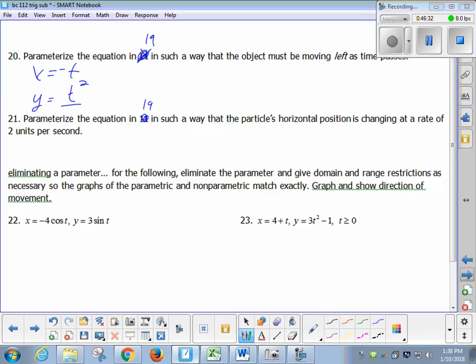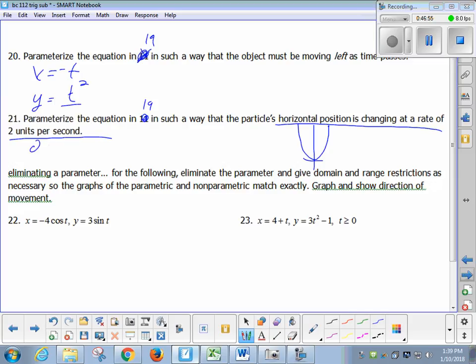All right. How could you parameterize it so it moved 2 units per second in x, horizontally? What does that imply?